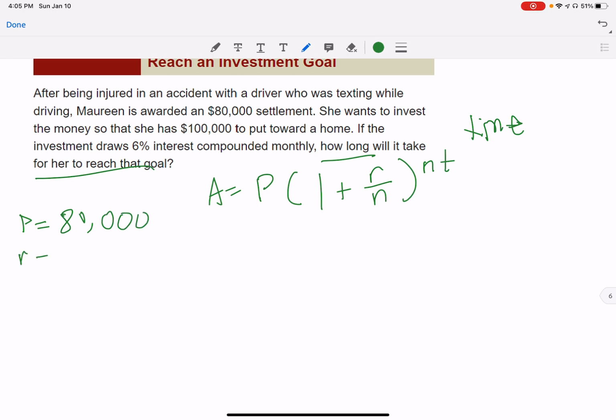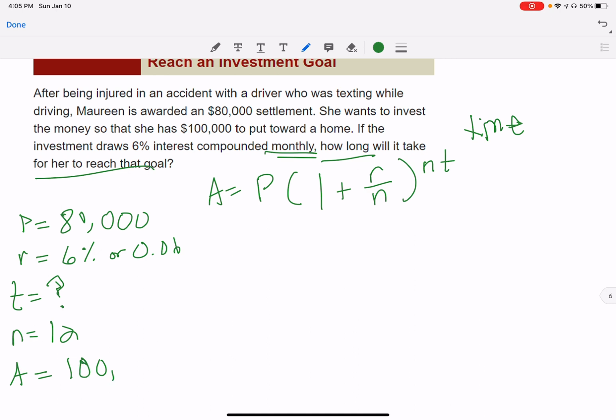Our rate is 6%. Remember, we want to write that as a decimal. Our time is what we are looking for. The number of times compounded is monthly, 12 times a year. And then we want our future value, which means our principal plus our interest, to equal $100,000.